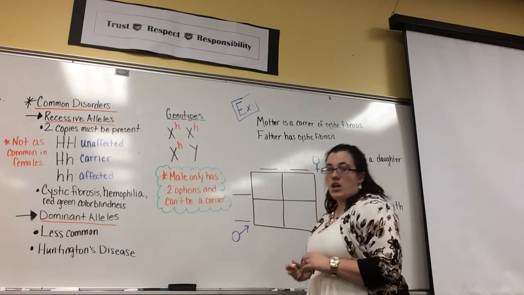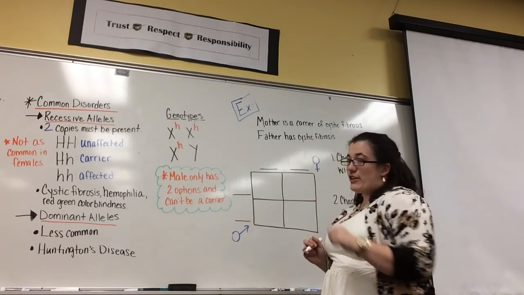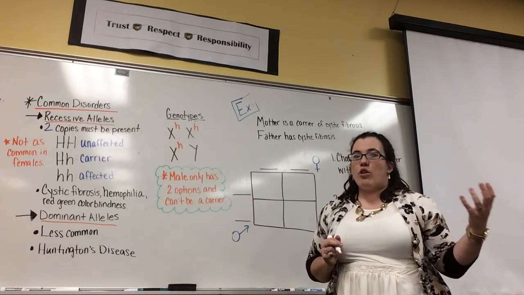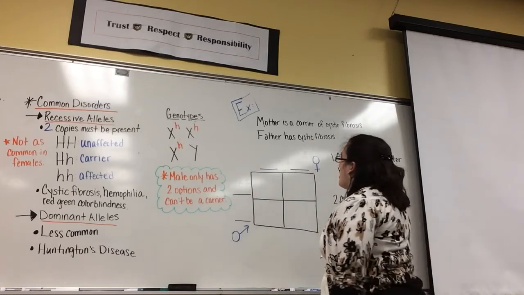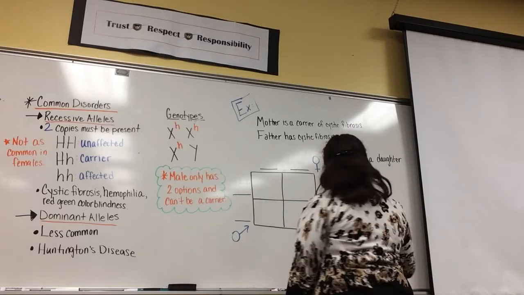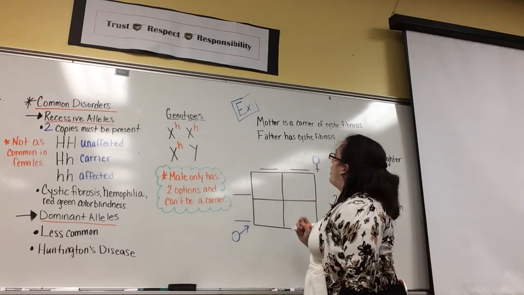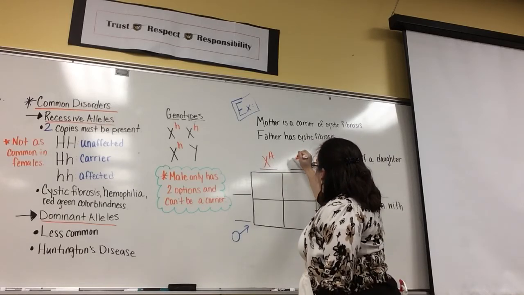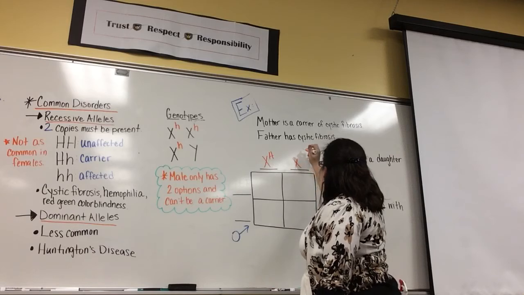Okay, so the mother is a carrier for cystic fibrosis. Carrier is just another name for heterozygous. So if you write her genotype along the top, her genotype would be X big H, X little h.